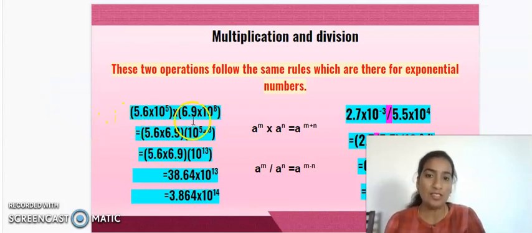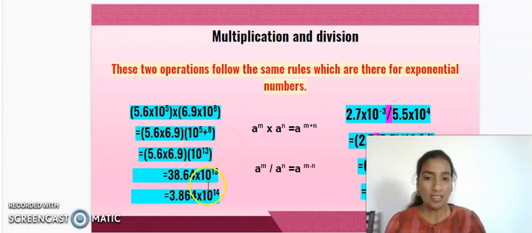So 5.6 into 6.9 into 10 to the power 5 into 10 to the power 8. It's expressed in the formula a raised to m into a raised to n, that's the exponential formula, right? That is equal to a raised to m plus n. You have studied this in smaller classes. So 10 to the power 5 into 10 to the power 8 is equal to 10 to the power 5 plus 8, which is 10 to the power 13.